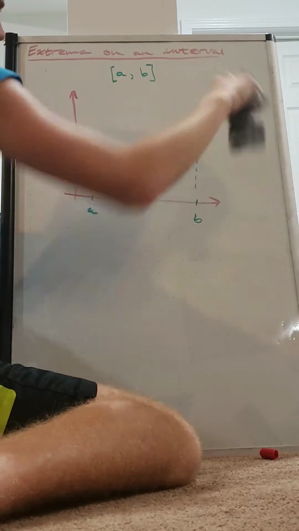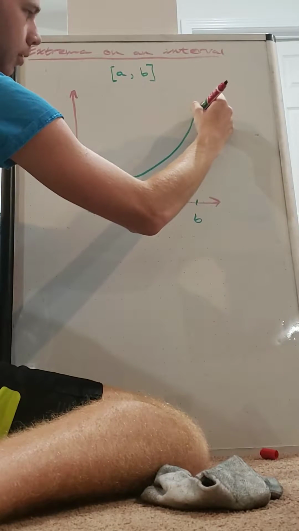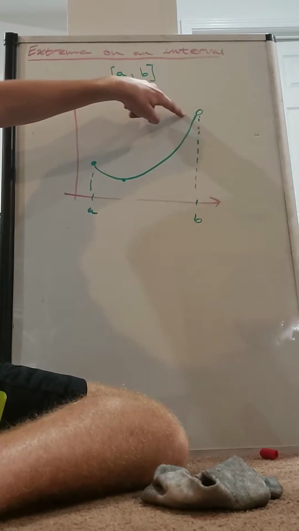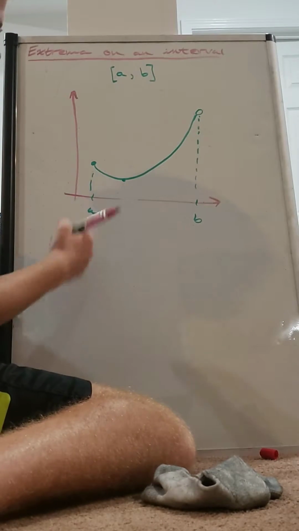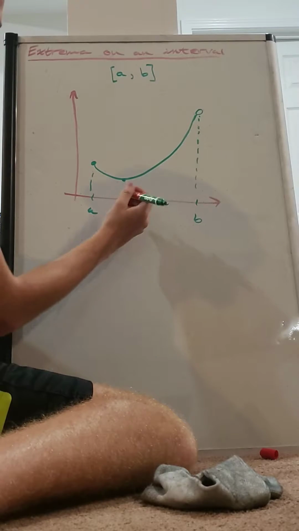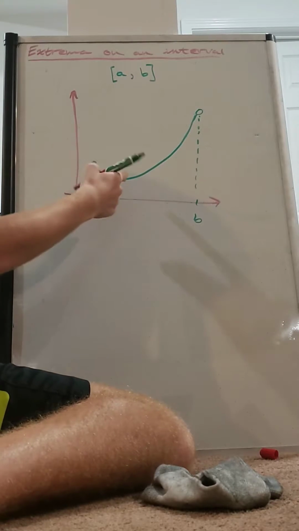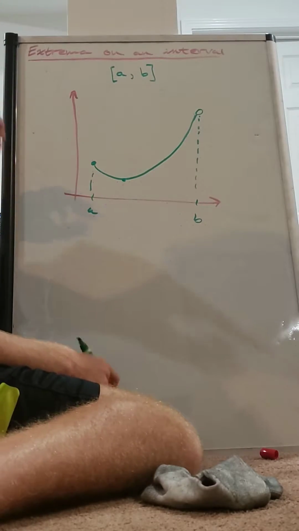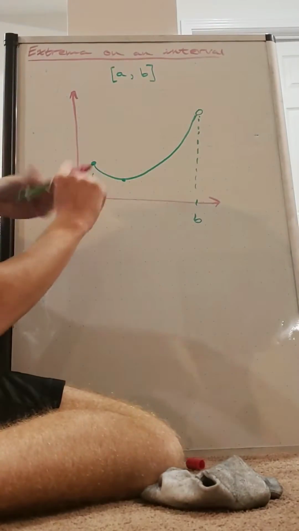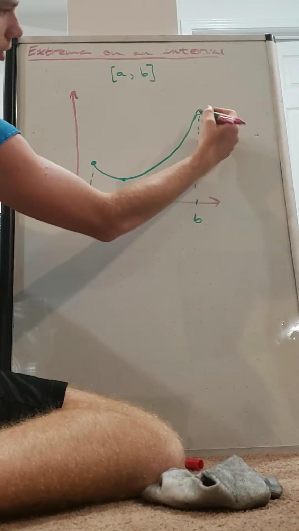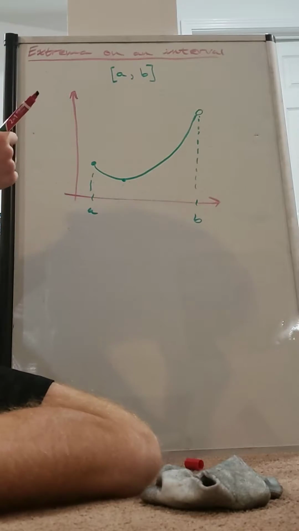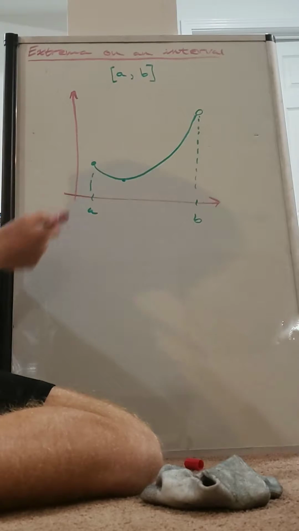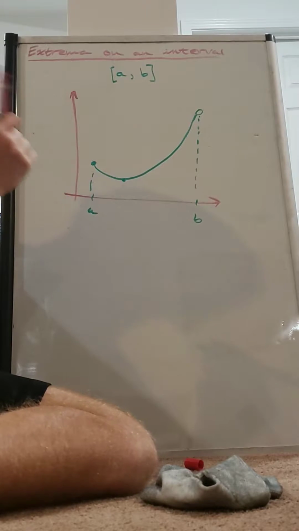And now say if we had this right here, instead of a closed dot, an open dot, meaning there's no function value at f of b. This minimum stays the same, so the minimum value of this function is still going to be right here, but we actually don't have a maximum. You may think it's right around here, but that's not true, because you can get infinitely close to that point and it's still increasing, but you'll never reach that maximum value.